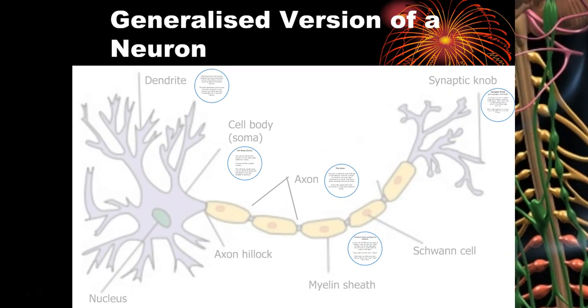This image is a generalized version of a neuron. So let's say this is an interneuron. The interneuron here has its head with its nucleus here, with the DNA, where the information about how to make one of these neurons is kept. It has these sprouts coming out of its head here called dendrites, and these are where the sensory receptors would sit.